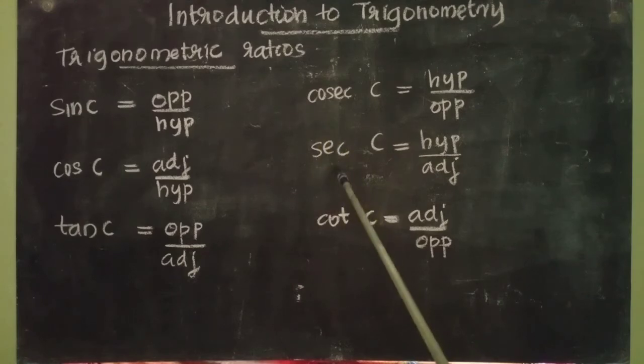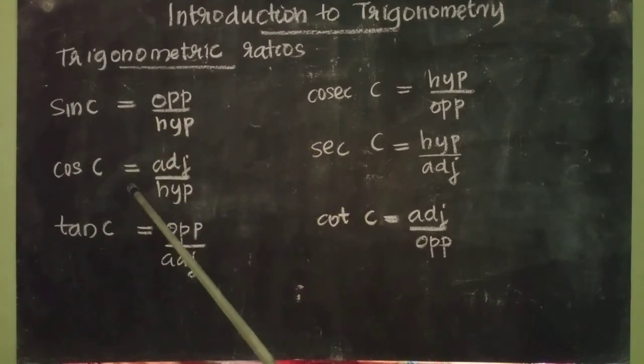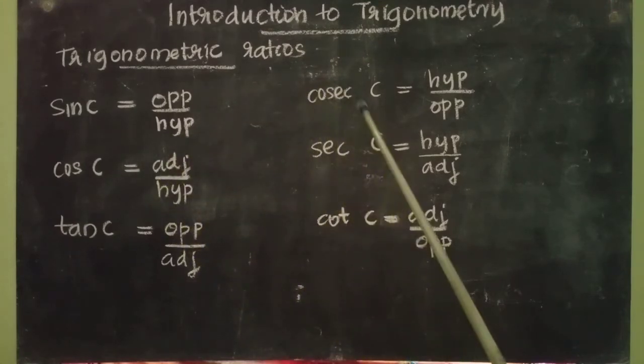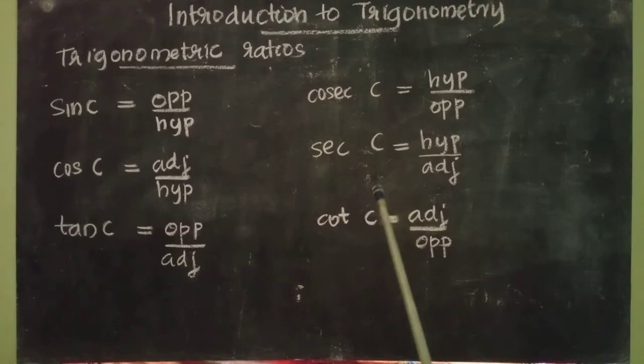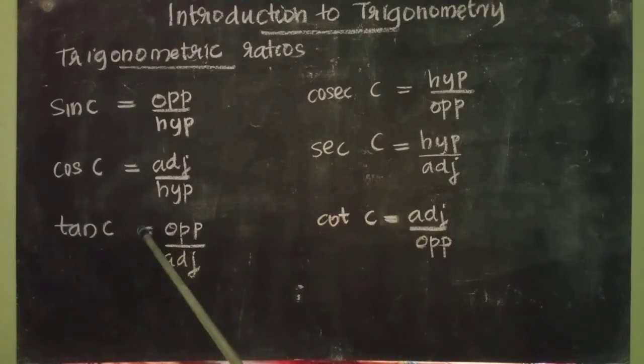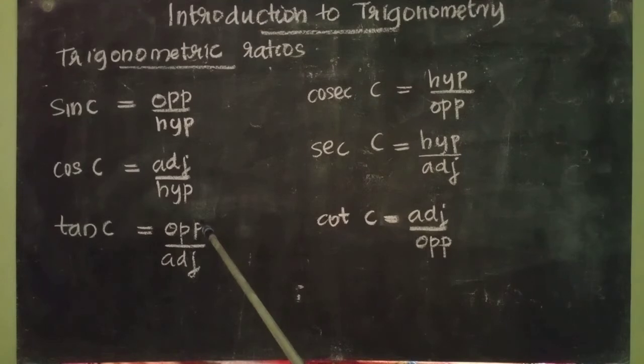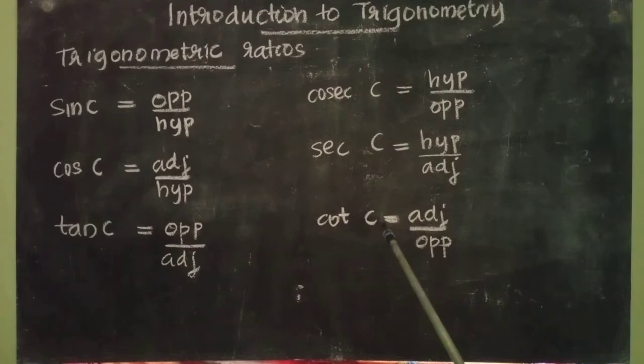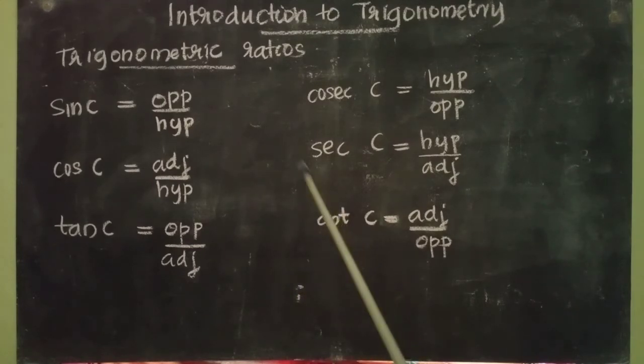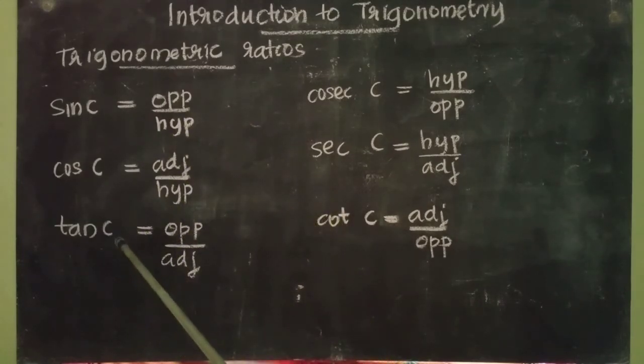So, sec C is the reciprocal of cos C and cos C is the reciprocal of sec C. Again, tan C equal to opposite side by adjacent side and cot C equal to adjacent side by opposite side. So we can say cot C is the reciprocal of tan C and tan C is the reciprocal of cot C.